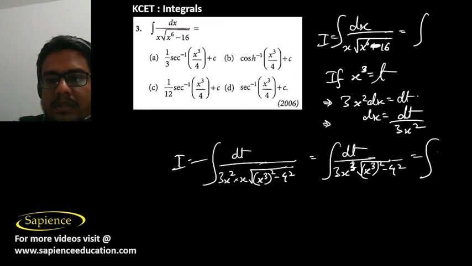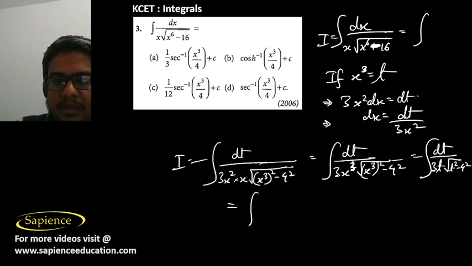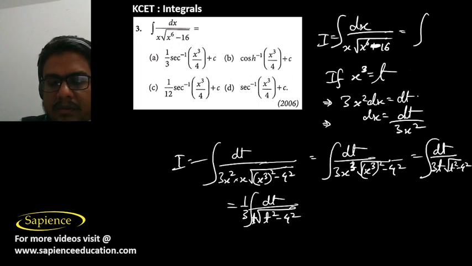So this will be integral dt by 3t into root over t square minus 4 square. So this will be 1 by 3 into integral dt by t into root over t square minus 4 square.